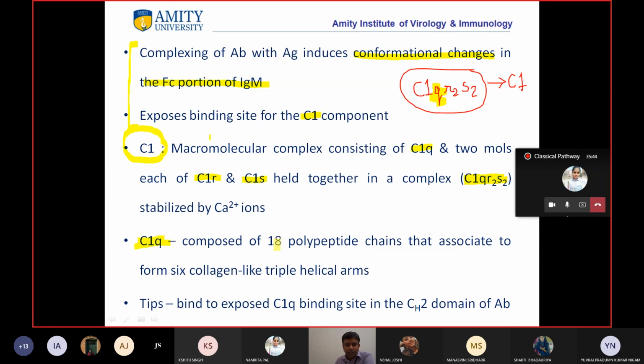It is composed of 18 polypeptide chains that form 6 collagen-like triple helical arms, and the tips of C1Q bind to the exposed C1Q binding site on the CH2 domain of the antibody. Understand this carefully.